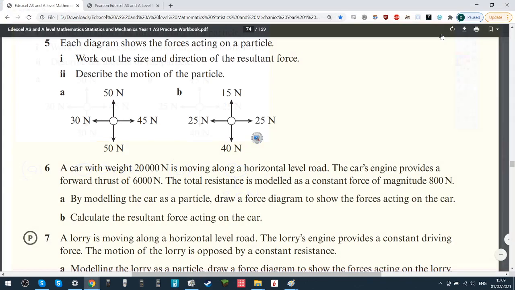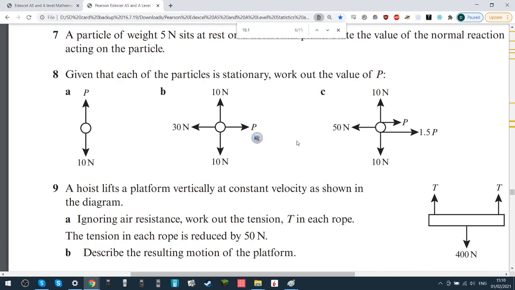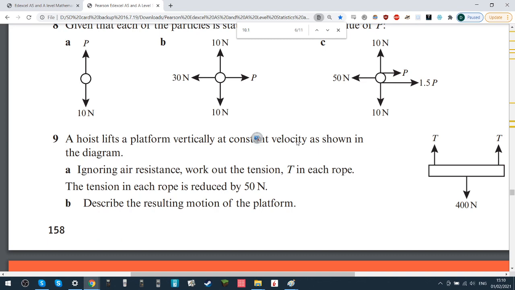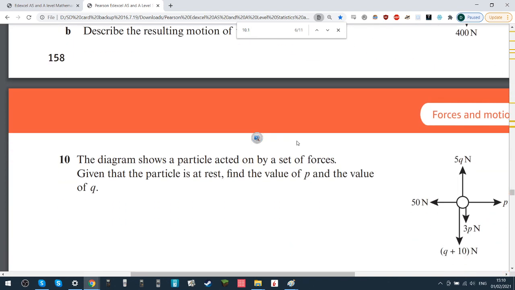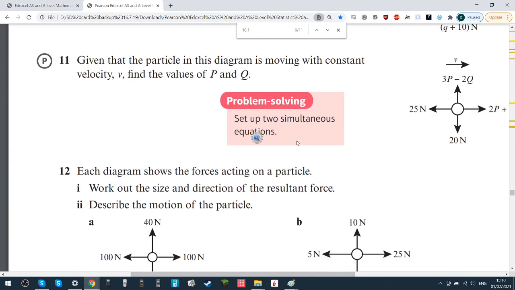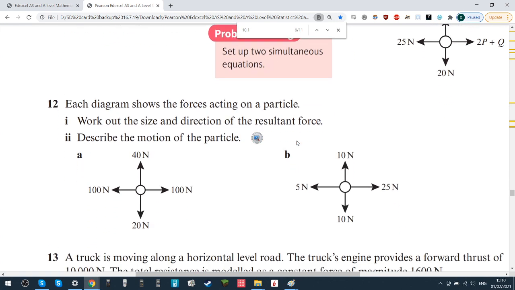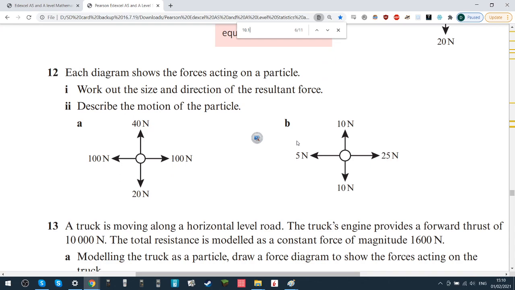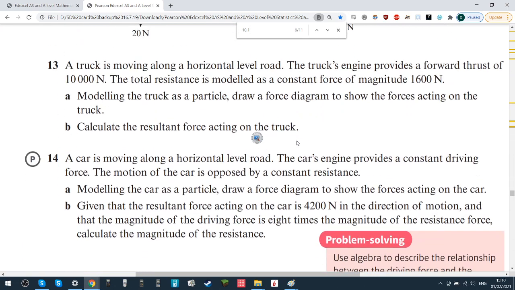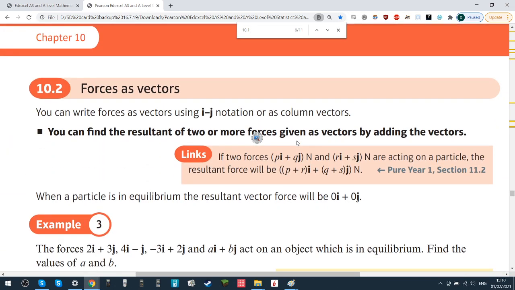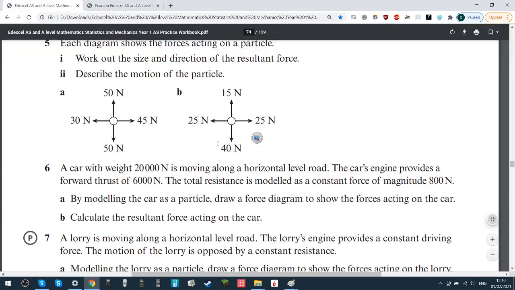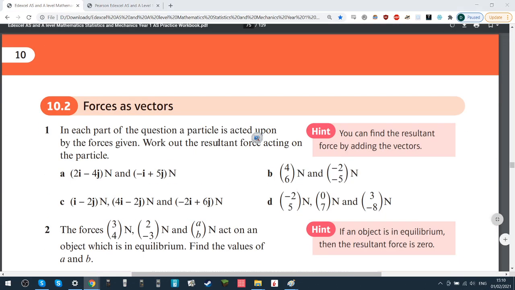Fine. Let me just make sure. So that one is like that. Yeah. Okay. That looks fine to me. One second. Yes. Okay, great.